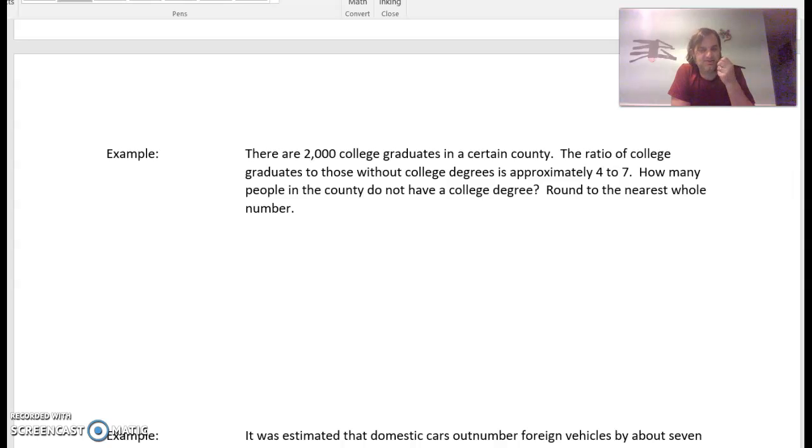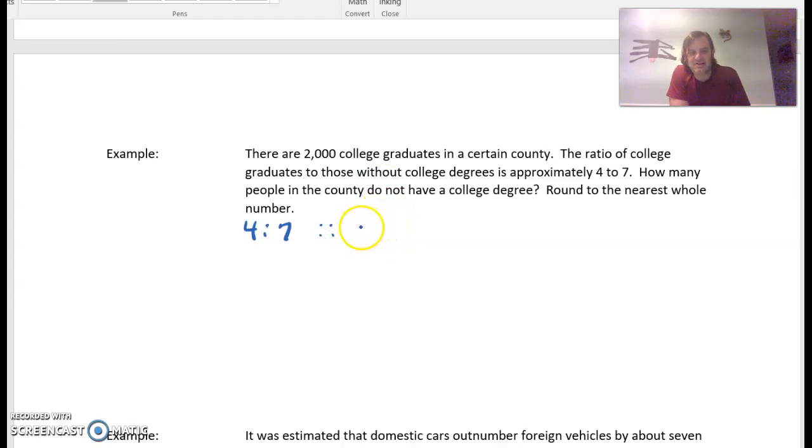Okay, so we're given a ratio here. How many people in the county do not have a college degree? Okay, so we're given a complete ratio here, 4 to 7. The 4 is with college degrees, the 7 is without.